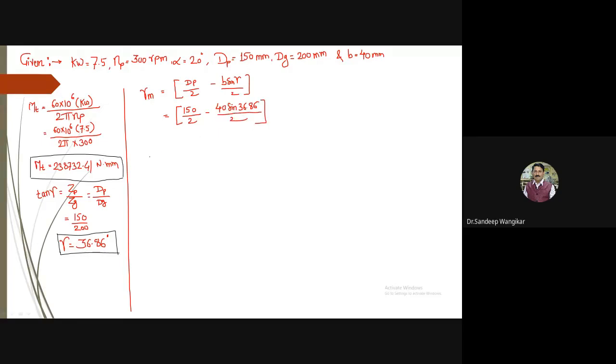You will get the value of RM in millimeters. RM is 63 millimeter.